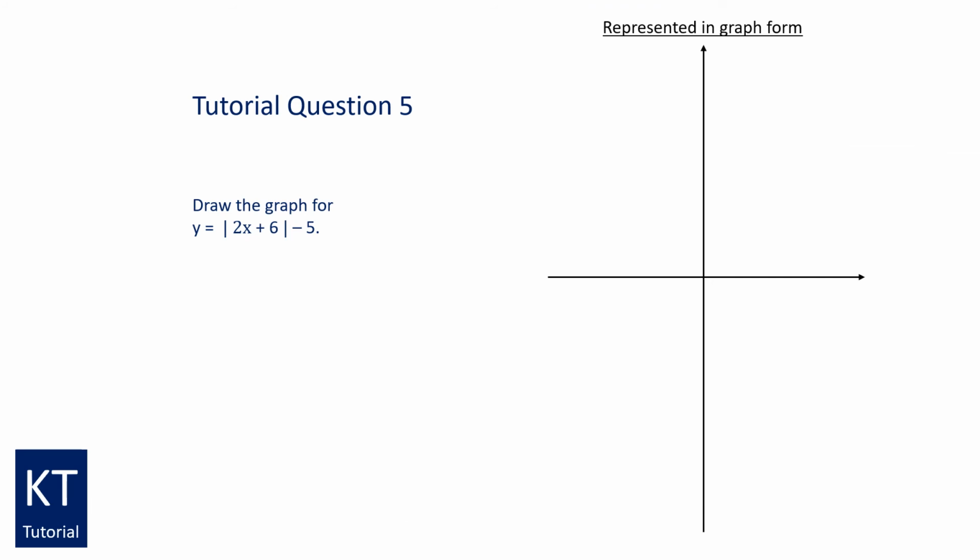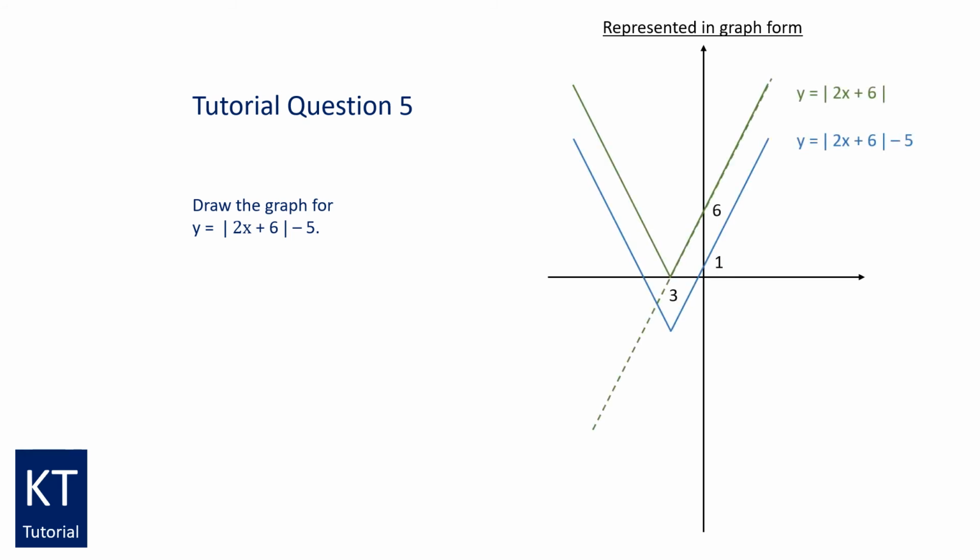Tutorial question 5. Draw the graph for y equals modulus 2x plus 6 minus 5. We'll start by plotting the line of y equals 2x plus 6, which would be the dotted line in green.